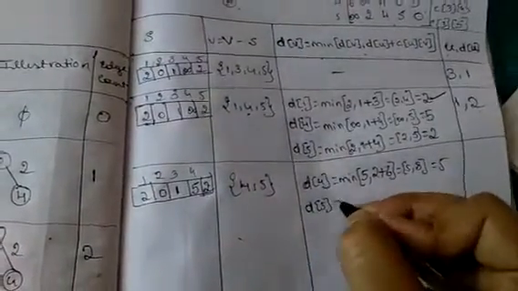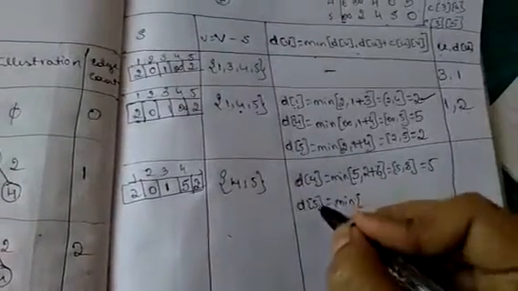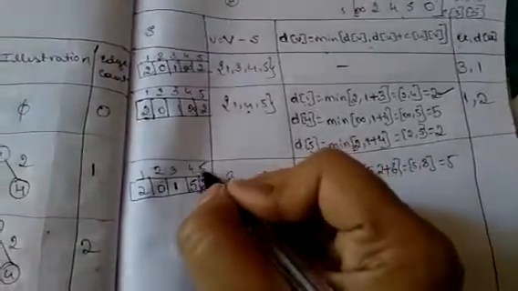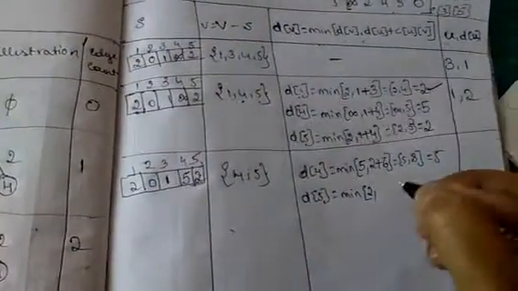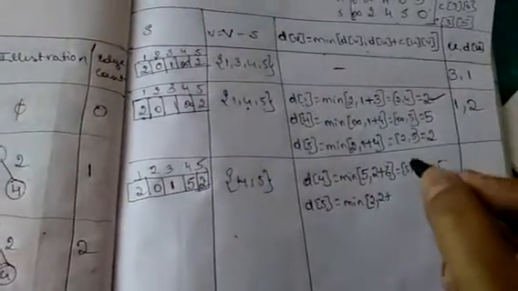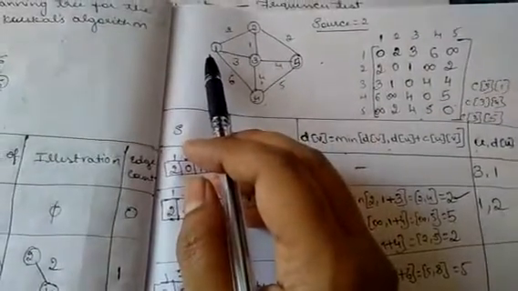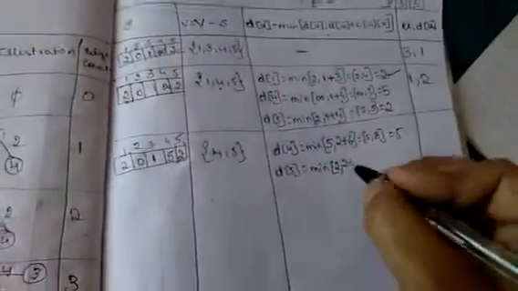D of 5. D of 5 min D of 5. What is the value? Sorry, this is 5. So here it is 2, comma D of U. It is 2 only. C of UV 1, 5. From 1 to 5. There is no direct path. It is infinity.